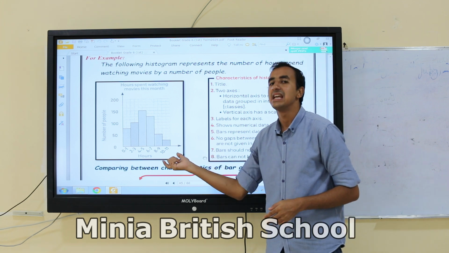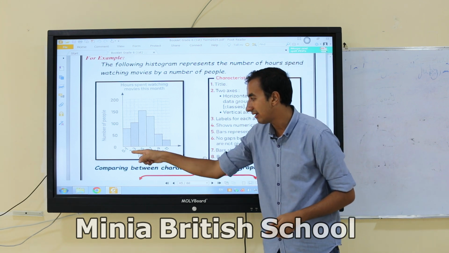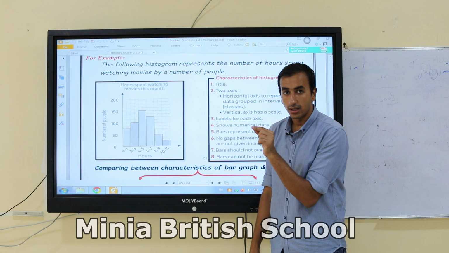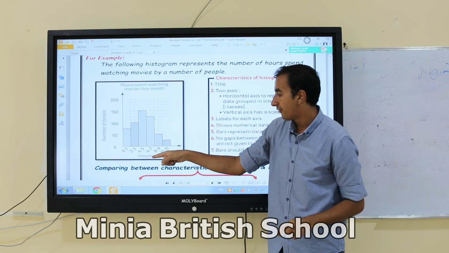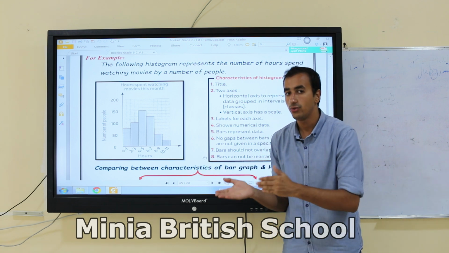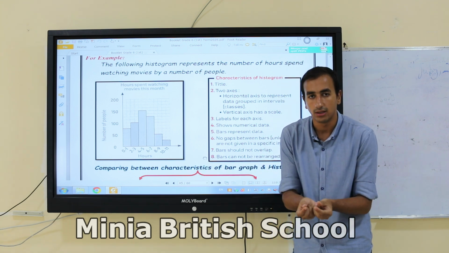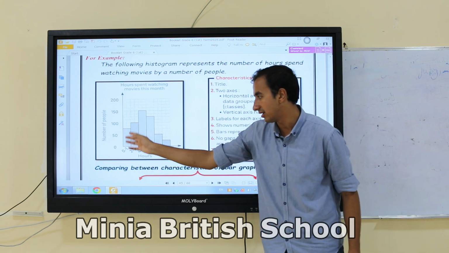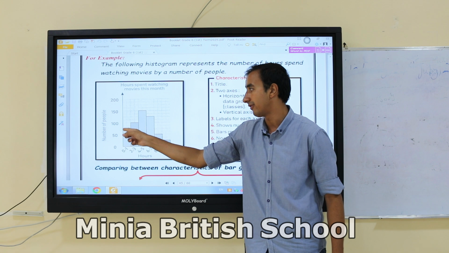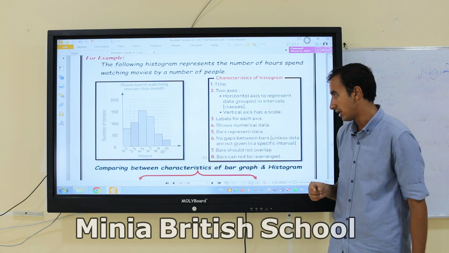I can write the interval 0-1, 2-3, 4-5. It's called an interval. And the vertical axis has a scale: 0, 50, 100, 150, 200.